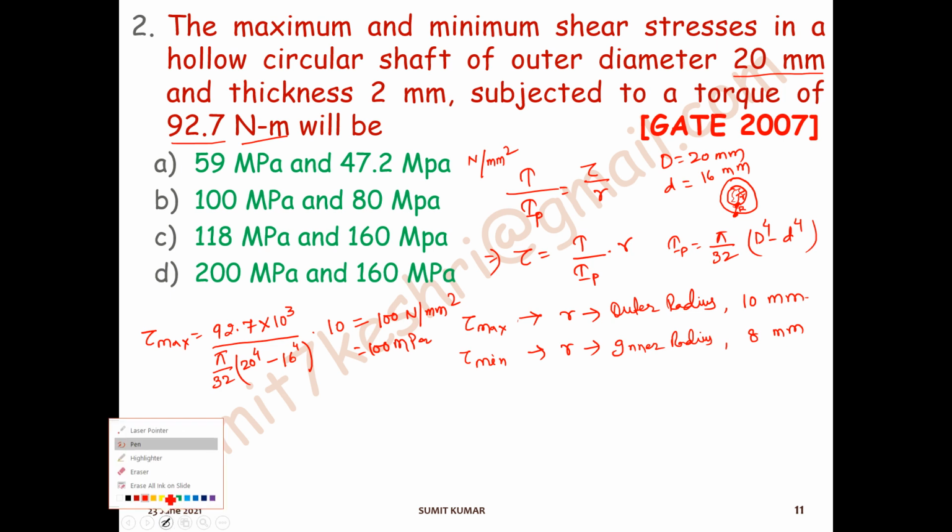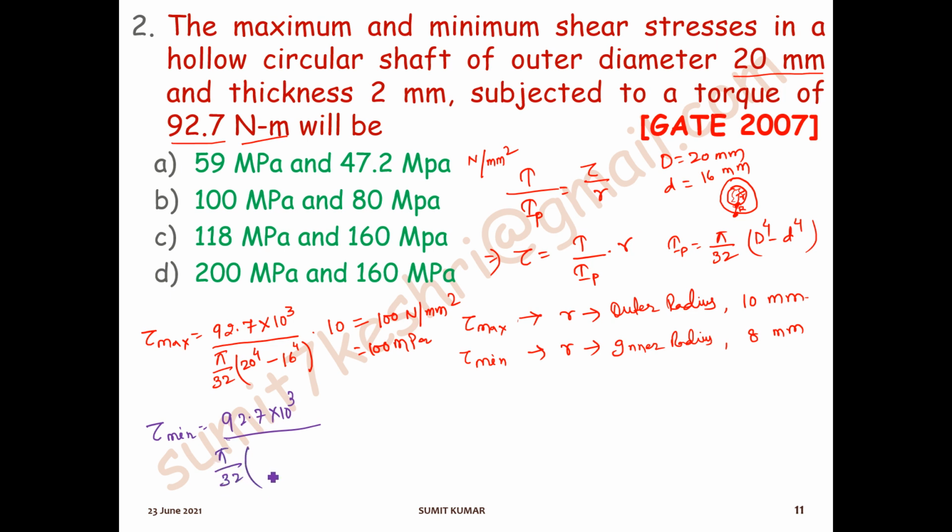Similarly, you just solve for minimum shear stress, tau minimum. Since torque is the same, 92.7 into 10 to the power 3, where 10 to the power 3 is written to convert meter into millimeter, divided by pi by 32 into 20 to the power 4 minus 16 to the power 4, that is outer diameter to the power 4 minus inner diameter to the power 4, into R. We know the shear stress minimum will occur at this point where the value of R is minimum, and the minimum value of R is 8 mm.